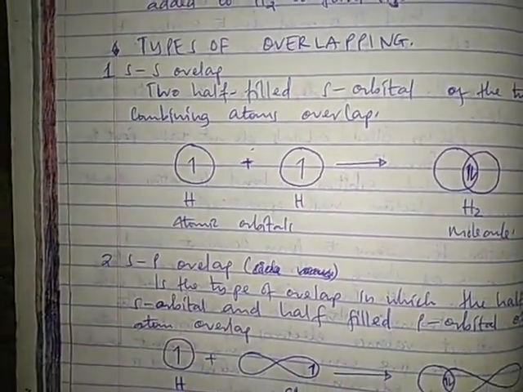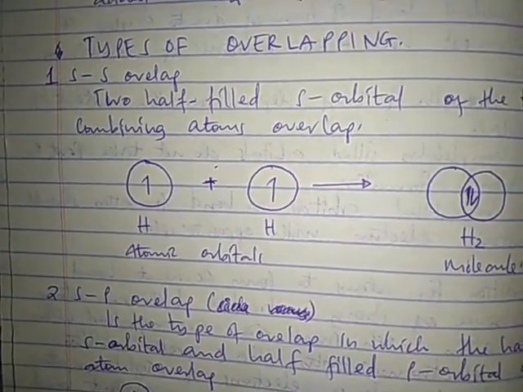In SS overlap, as we know, the shape of the s orbitals is circular, as you can see here. So we describe SS overlap as end-to-end overlap. So what is end-to-end overlap? You may understand it later.